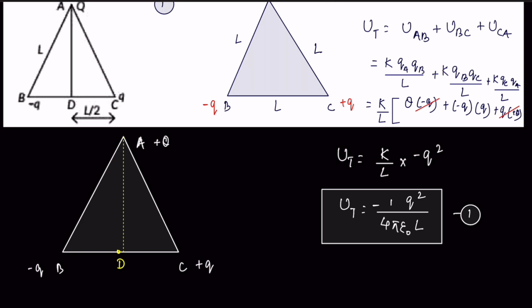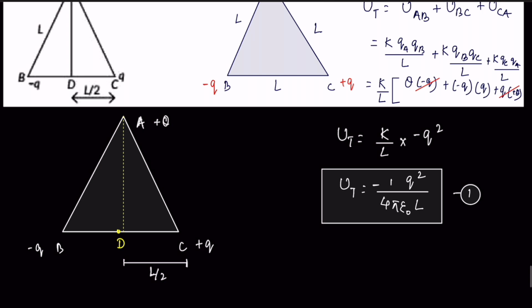The length of DC is L by 2, meaning D is present at the midpoint. So this is also L by 2. First we have to find the distance AD.